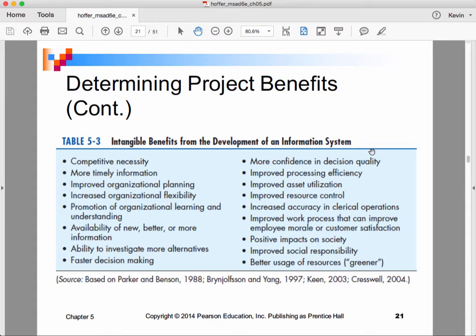Better usage of resources. It's a greener system. So these are things that we know to be benefits. They're just harder to measure, or certainly harder to put a dollar value on. But still, they're things that we want to call the attention of the decision makers to.